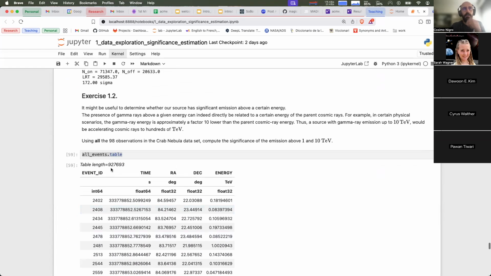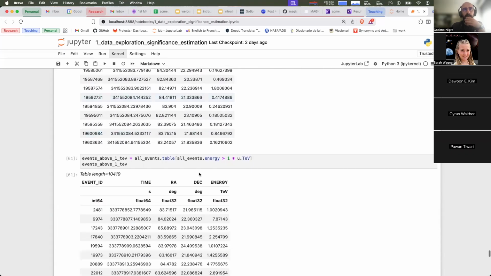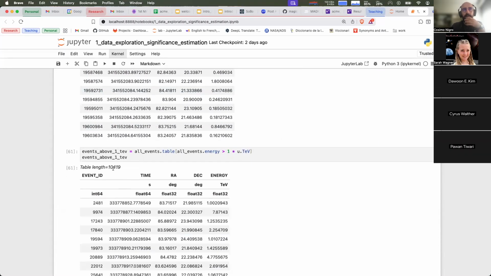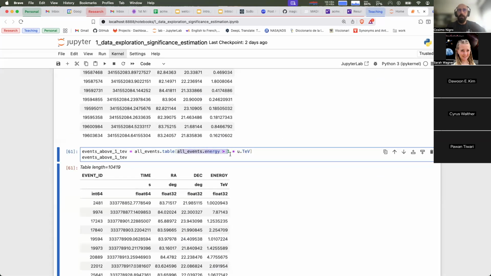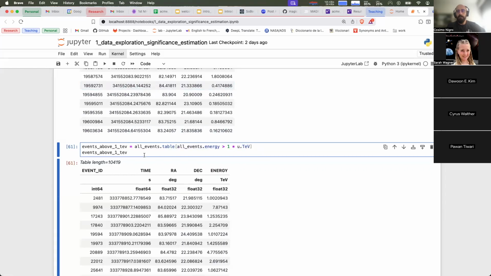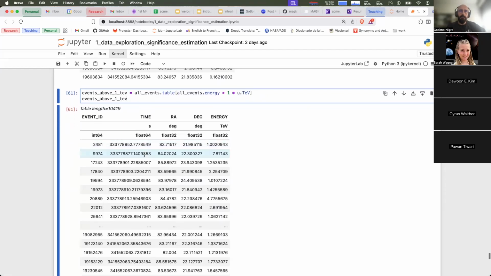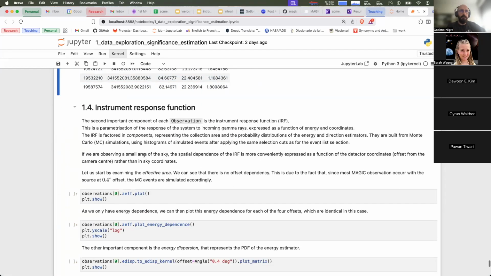As you can see, we went from 900,000 events, and when we apply the filter, we get 10,000 events only. So the idea is simply this: whenever you apply some logical relation, it will automatically produce a mask that you can apply to all the events. Basically the tip to solve the second exercise.